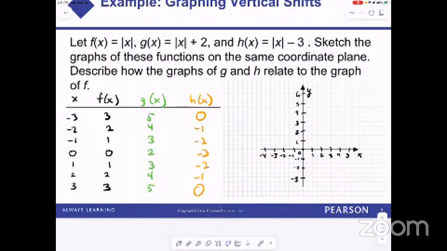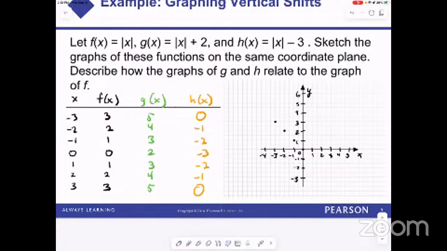So then f of x. I guess we can plot points. We have the point -3, 3, which is here. -2, 2. -1, 1.